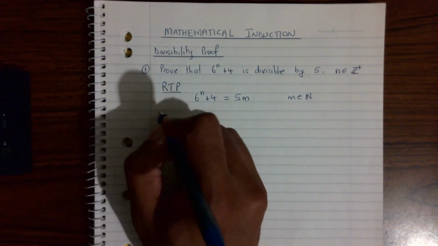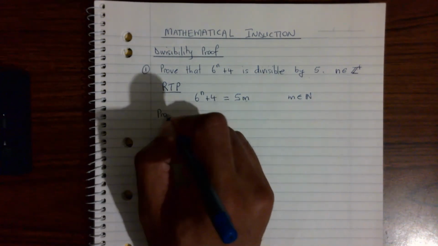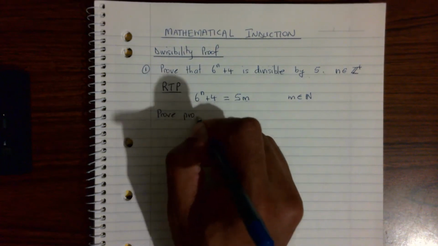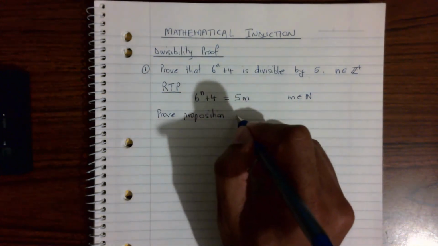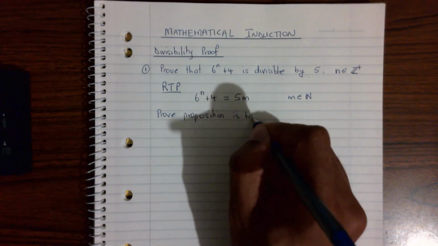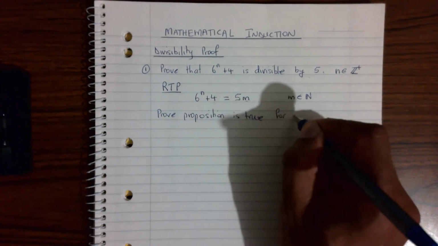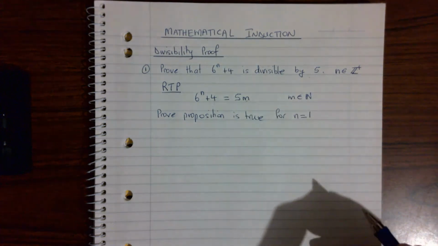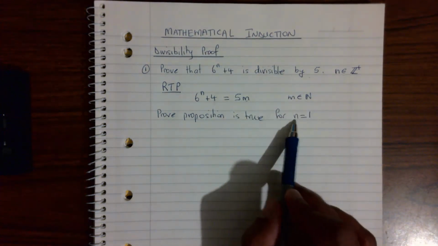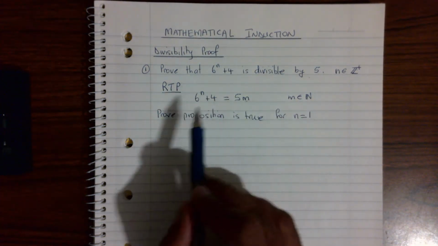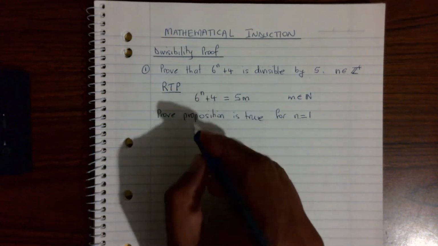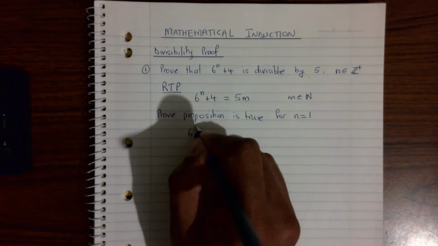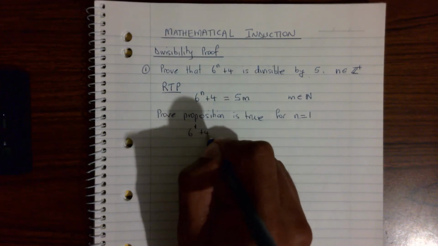The first thing I will do is prove the proposition is true for n is equal to 1. So we'll try and show that when we choose n is equal to 1, this whole thing is divisible by 5. If you put n is equal to 1 here, it'll become 6 to the power 1 plus 4.